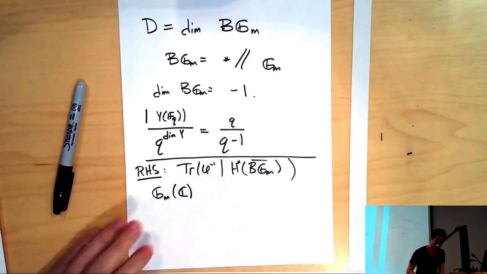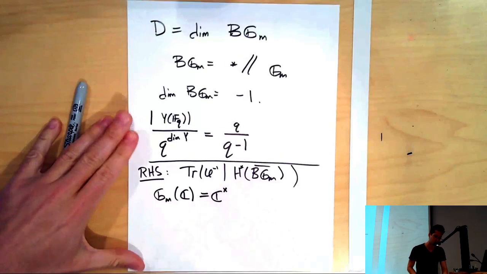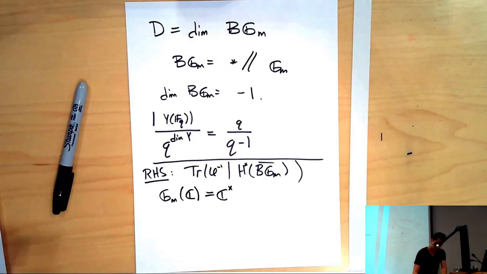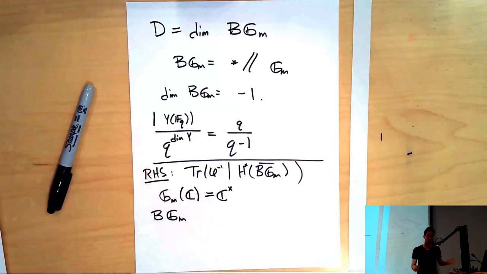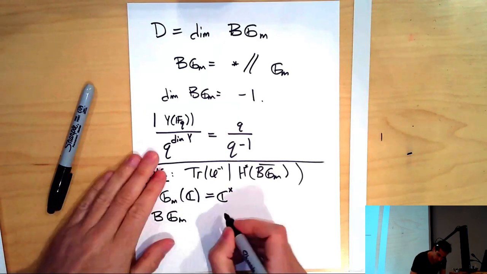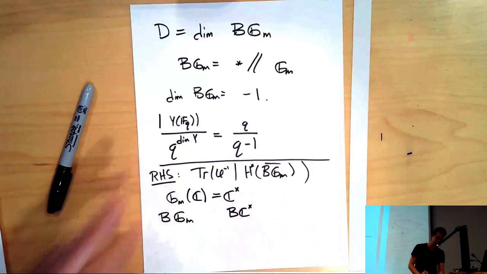So if you look at the complex points of Gm, that's of course just the non-zero complex numbers. So it looks like the complex plane with the origin removed, and that's a group. And now the classifying stack of this group has an analog also in topology, which is what's called the classifying space of this group. I'll write it as BC star.